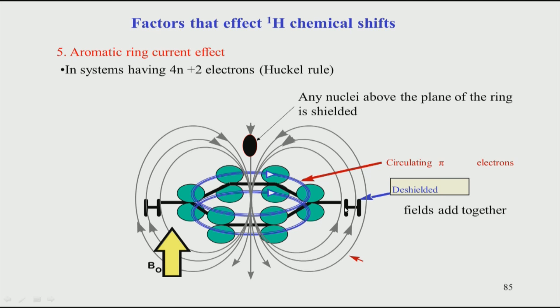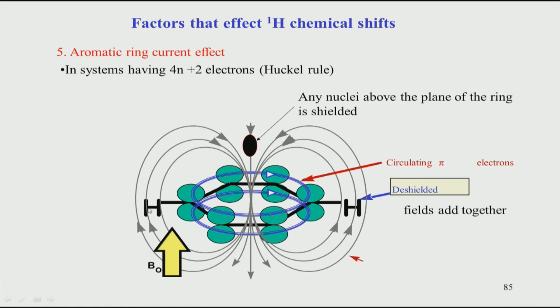Shielded means it comes at an upfield position, whereas if you look at a hydrogen atom which is located in the plane of the ring, the magnetic field is coming in the vertical direction and it is in the same direction as the main magnetic field. So this magnetic field is supporting the main magnetic field, and the two add up together, which increases the magnetic field.